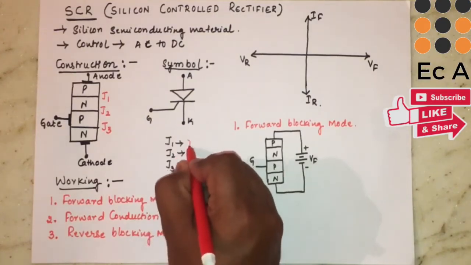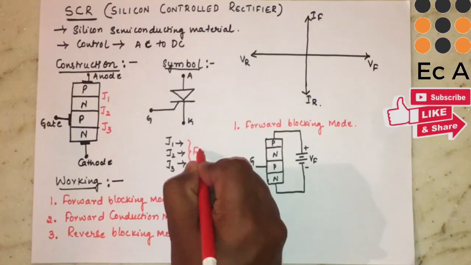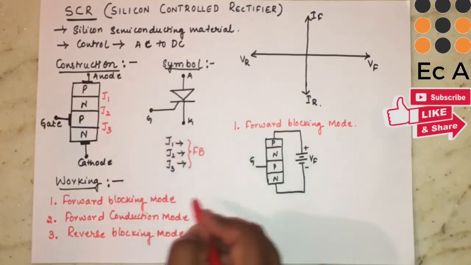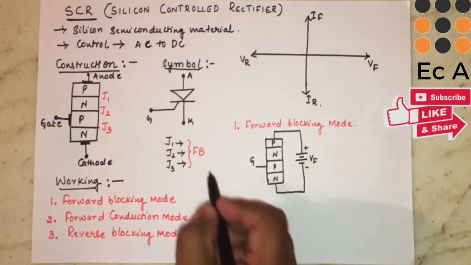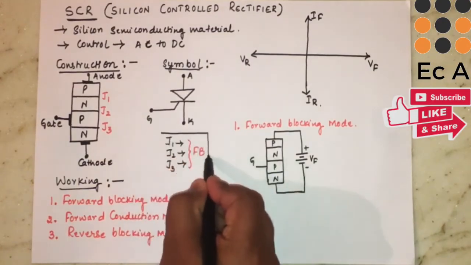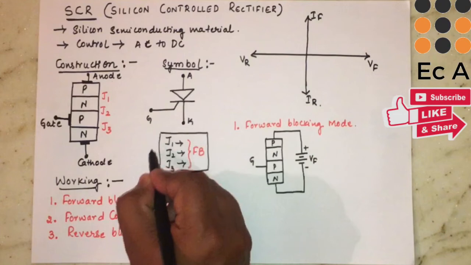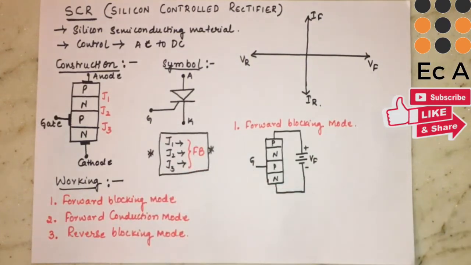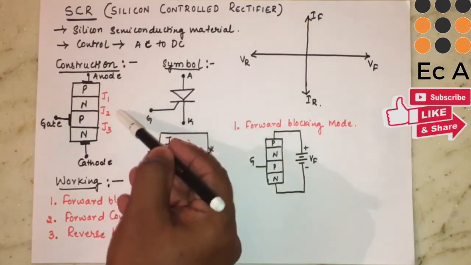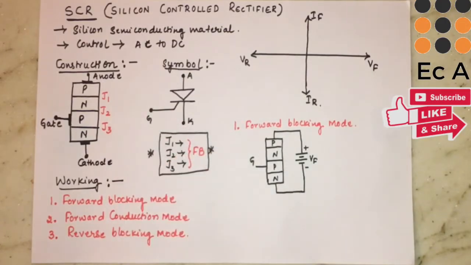The condition for the conduction of SCR is that all the 3 junctions should be forward bias. This is a very important condition you need to remember.